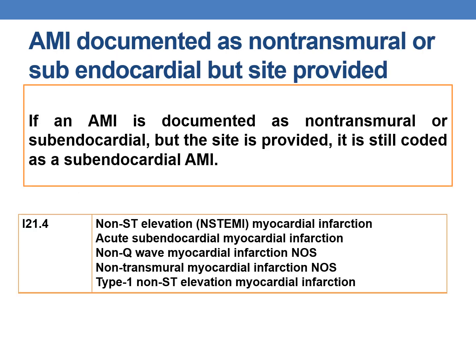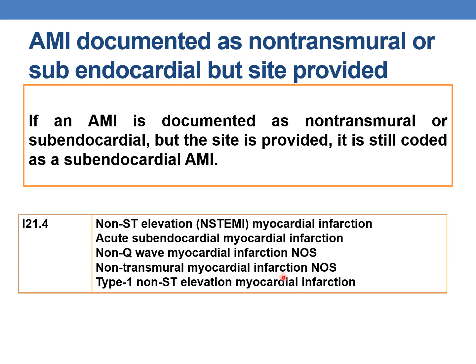Now coming to the guideline for the case where AMI is documented as non-transmural or subendocardial but the site is provided. If an acute myocardial infarction is documented as non-transmural or subendocardial but the site is provided, it is still coded as subendocardial acute myocardial infarction only. In simple words, we know that I21.4 is nothing but NOS for non-transmural myocardial infarction.